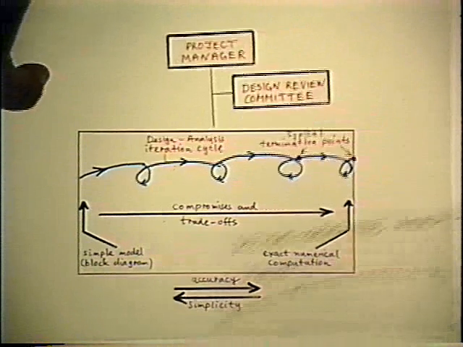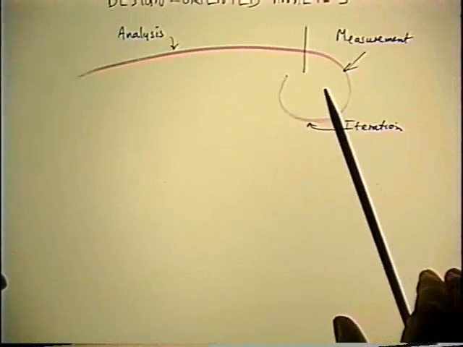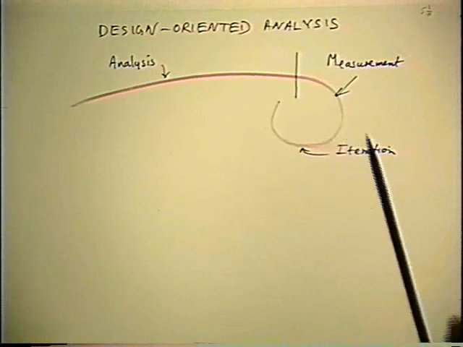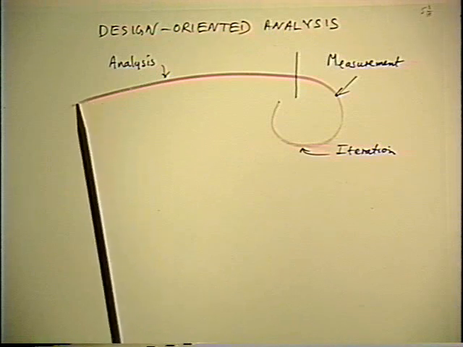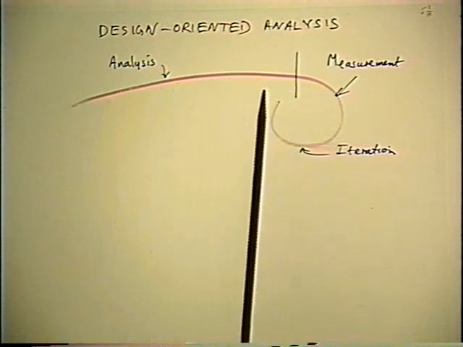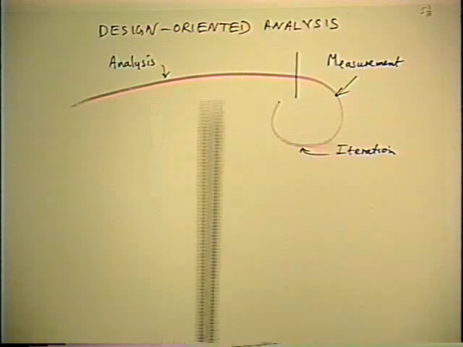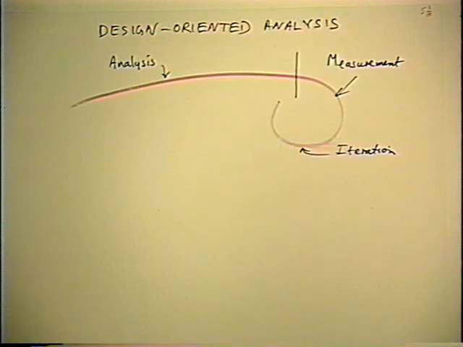Now let's look at one of these iteration loops in particular. I've labeled different pieces of it now. Analysis is the thing that comes first. And so what I'm going to be talking about mostly is analysis, but it's going to be a special kind of analysis.